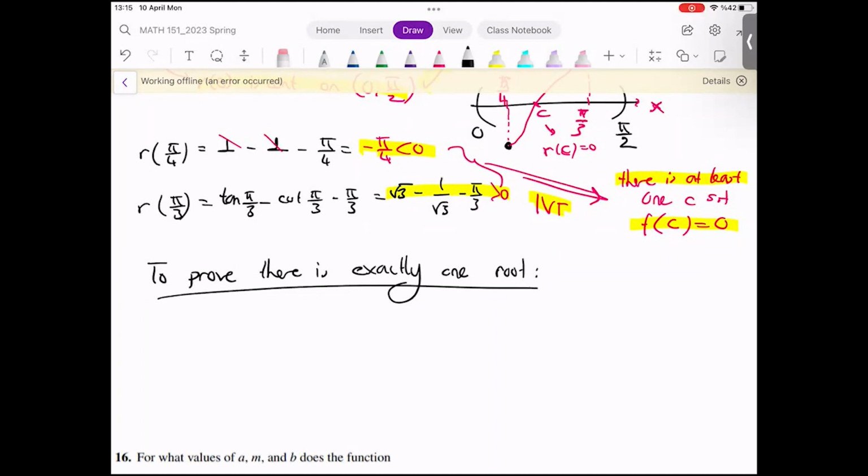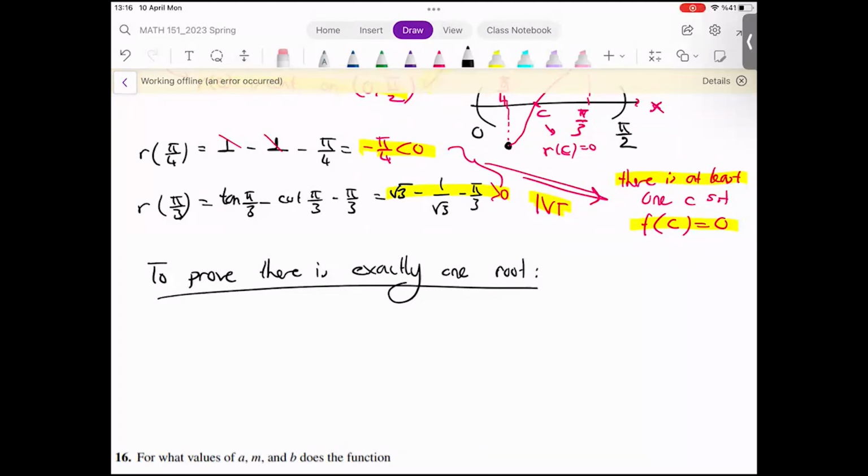But what would happen if there were another root? We will assume this and analyze what would happen, and we will end up with a contradiction: if there were another root, we would find something ridiculous, something that doesn't make sense, and this would prove that there has to be just one root.